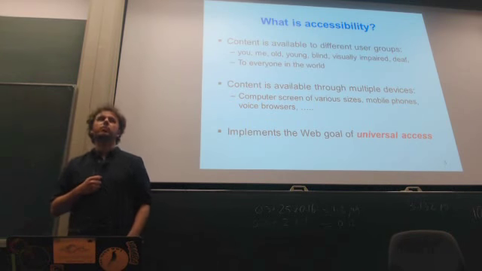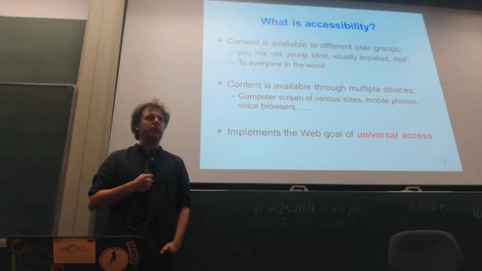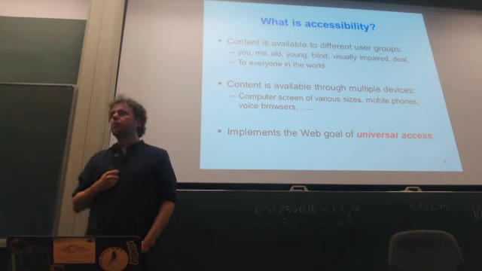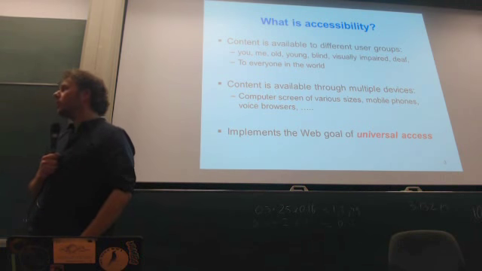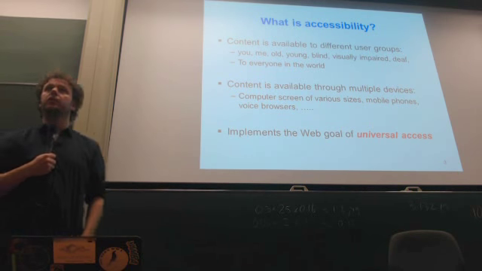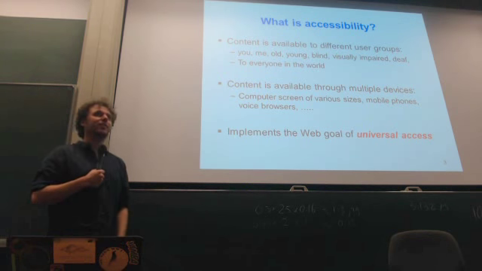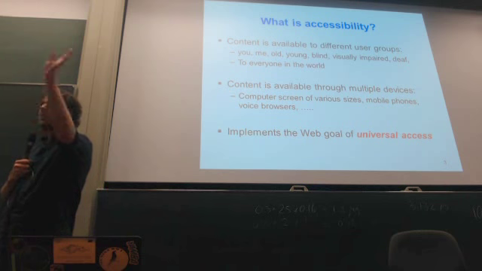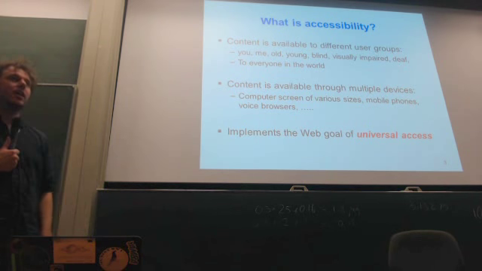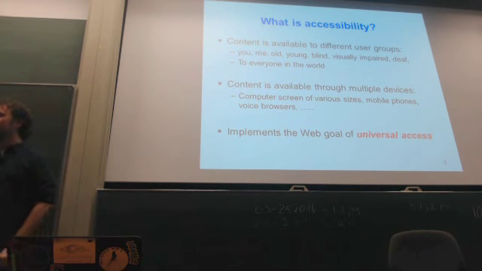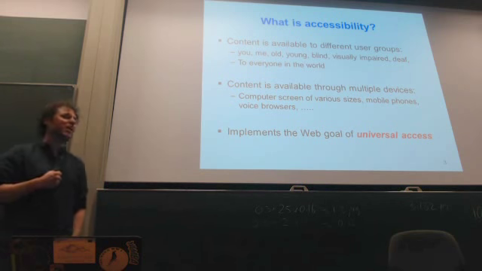Okay, so what is accessibility in general? It's to ensure that your content is accessible to everybody, right? So we are not the same, neither you nor me. There's all kinds of different people here. You are mostly young, so that's one homogeneity of you.